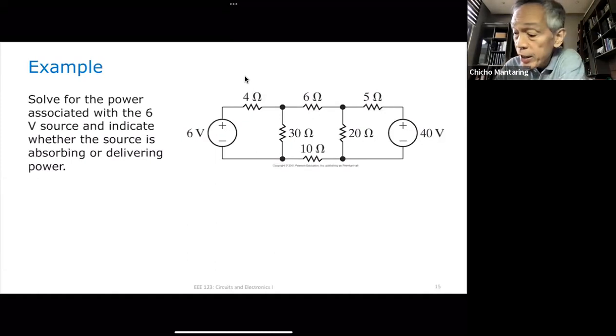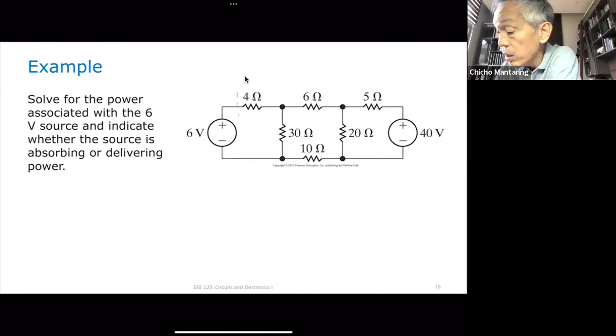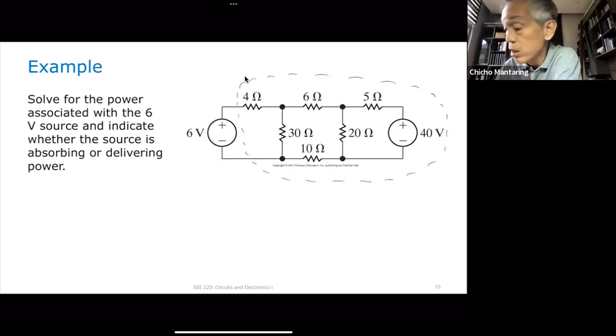So if I'm only interested in the power associated with the 6-volt source, what I can do is convert this to a simpler equivalent circuit.